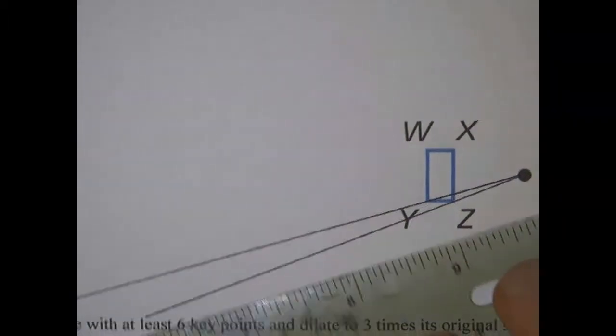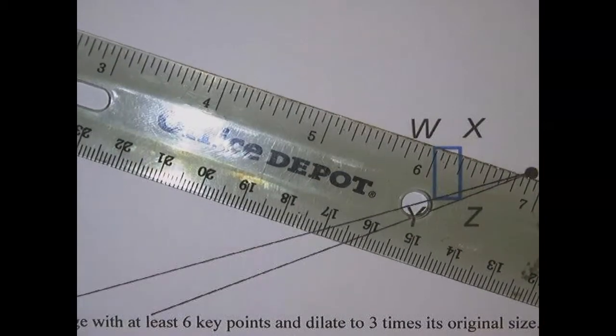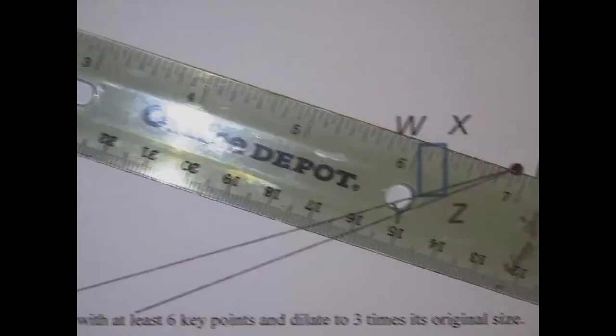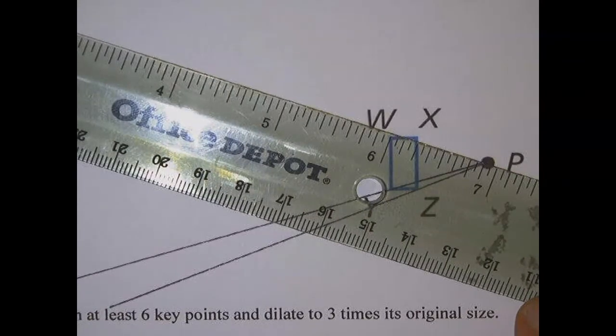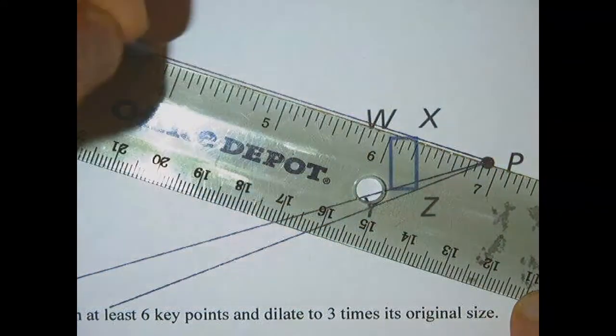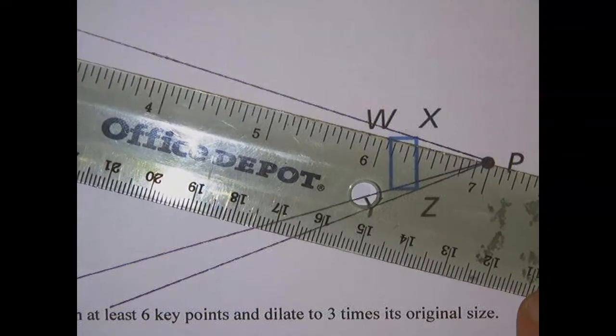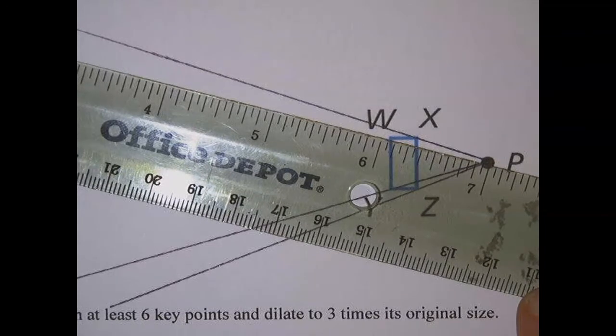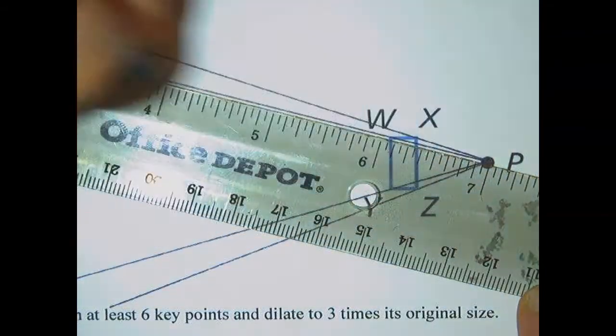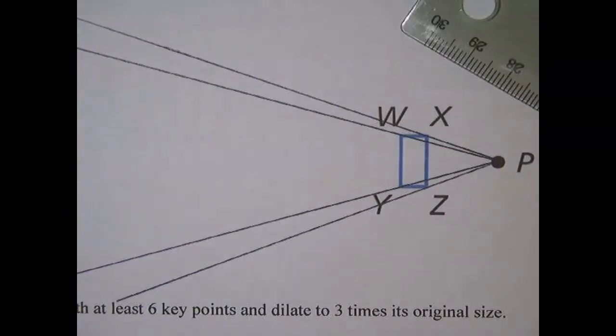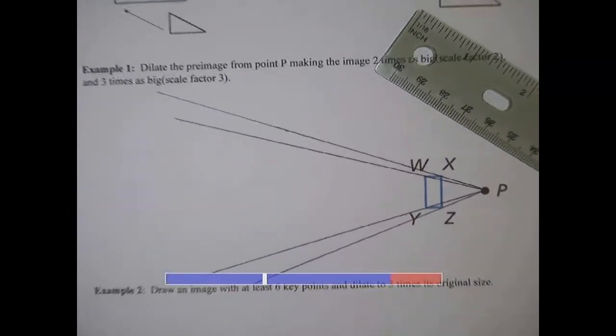Now I'm going to do the same thing from P through X, maybe a little bit longer even. And then from P through W, and it looks like right about there. And that's it. So that's the first step.